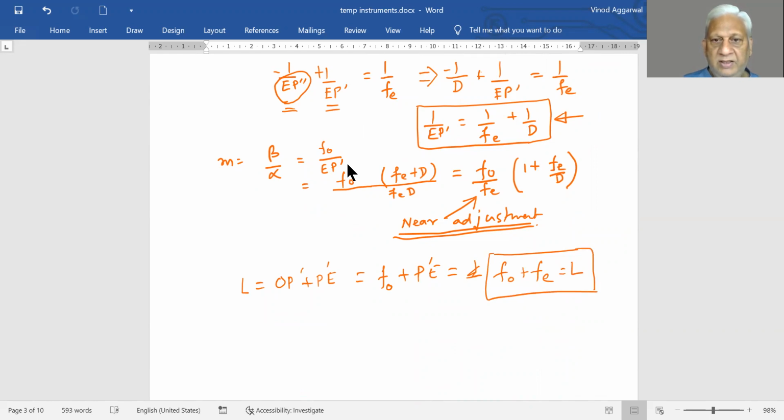This is when the image is formed at infinity, or this is for normal adjustment. Image is formed at infinity.